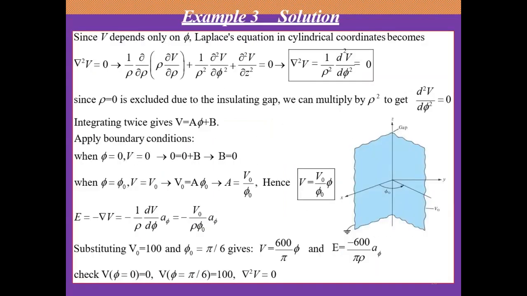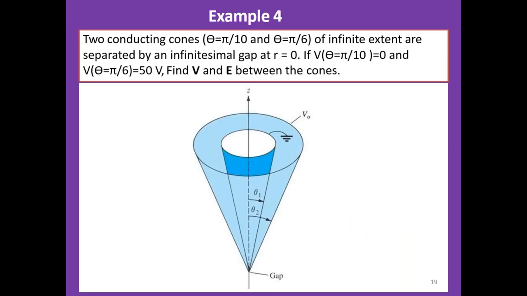Okay, let's take this example. Two conducting cones, theta equals pi over 10 and theta equals pi over 6, of infinite extent are separated by an infinitesimal gap.